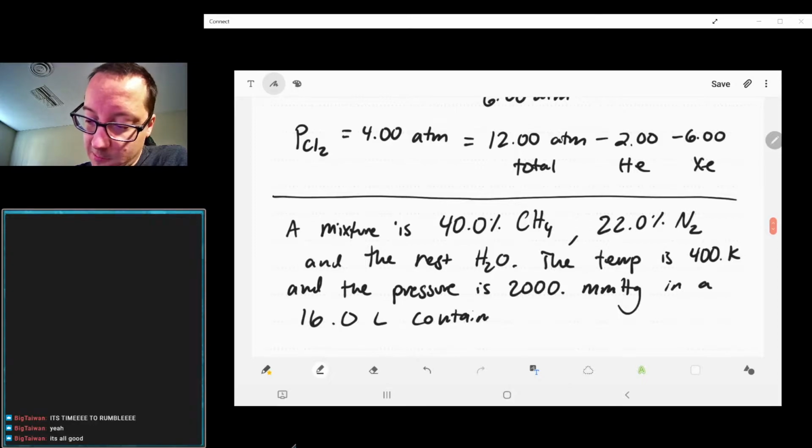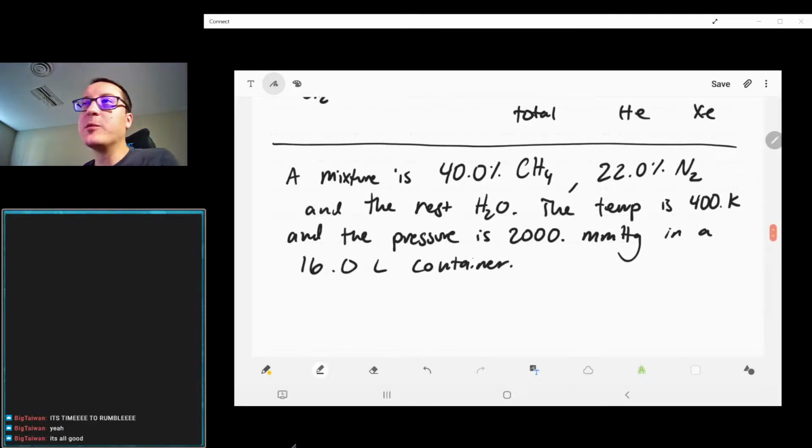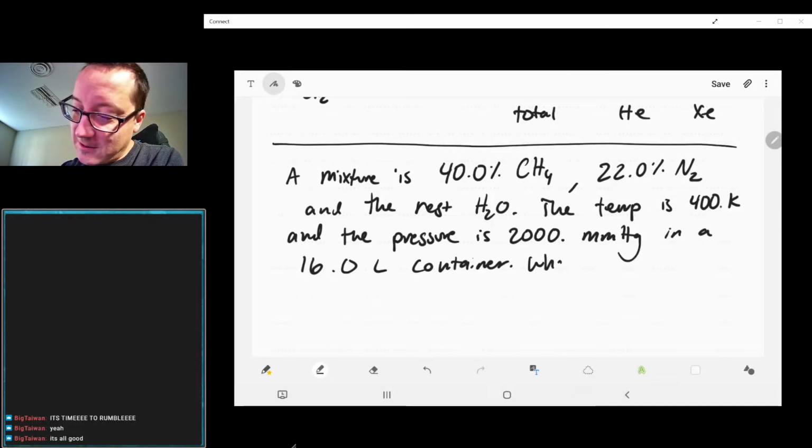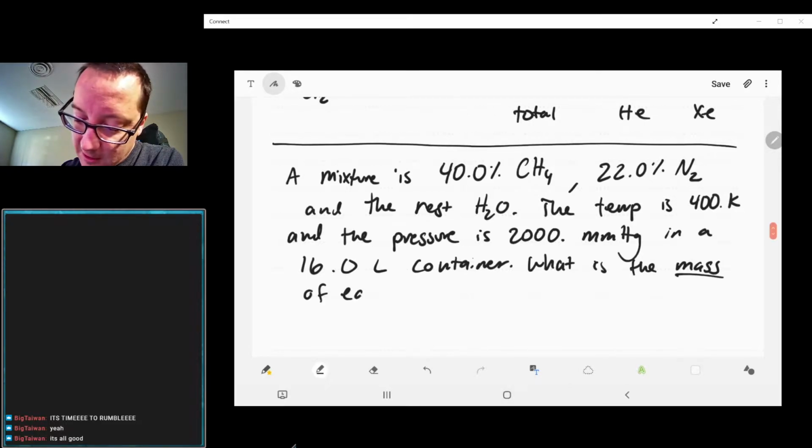Okay, there we go. These problems always take so much time to write out, you know, because there's so much information in them. Okay, what is the mass of each gas in the container?